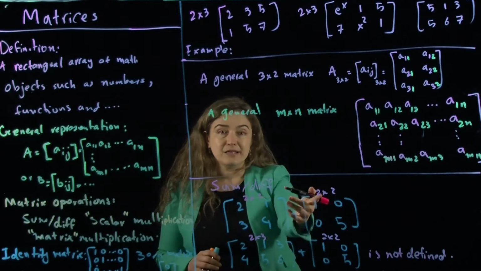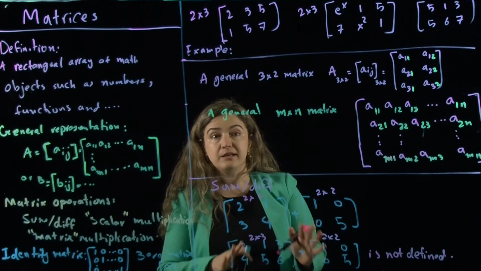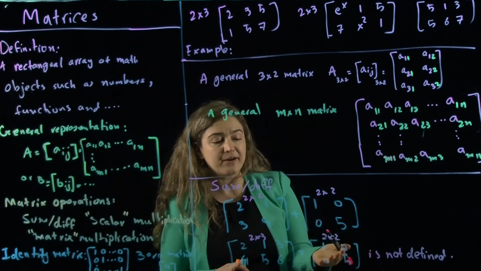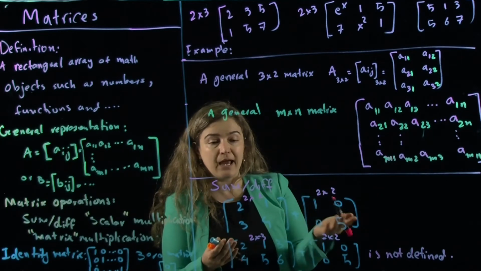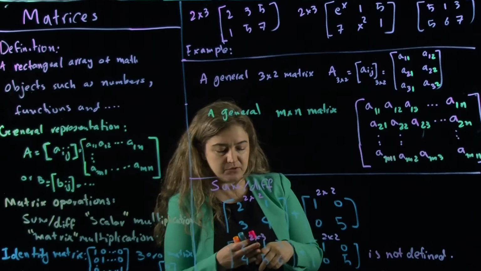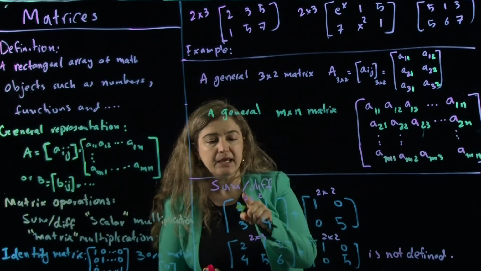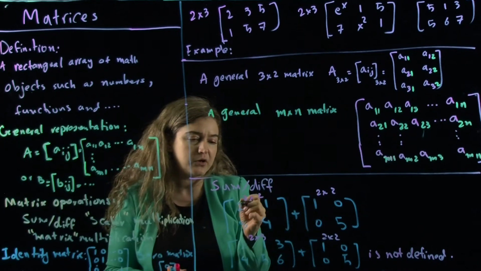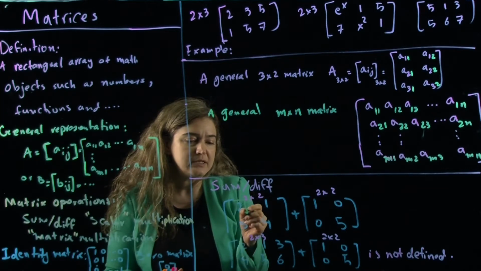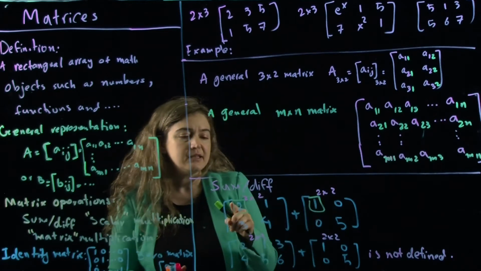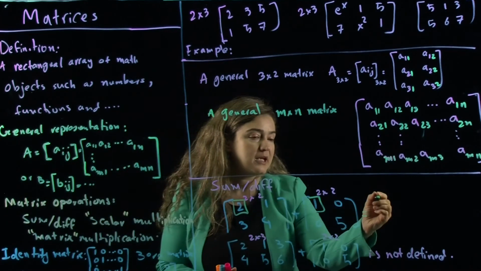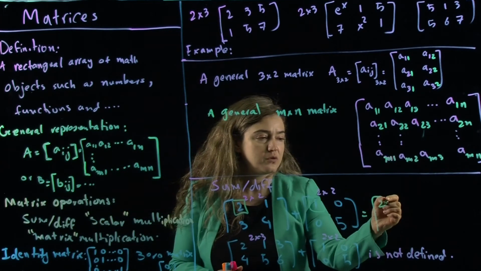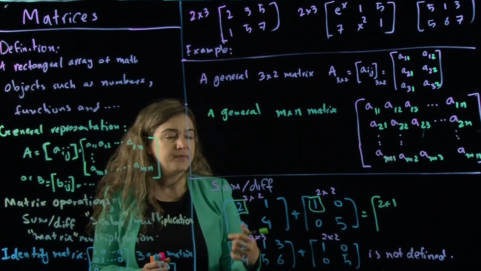How do I define this one now? Now that we decided the size of a matrix matters, and we decided that these two can add up, how do I add these two up? So this is how it goes. You go to the same entries. This is entry 1, 1, adds up to entry 1, 1, and it goes to entry 1, 1.